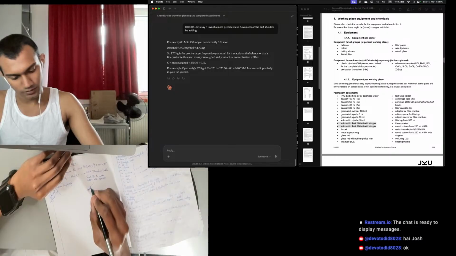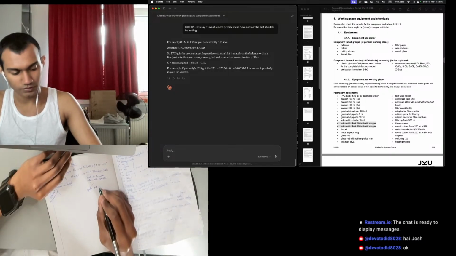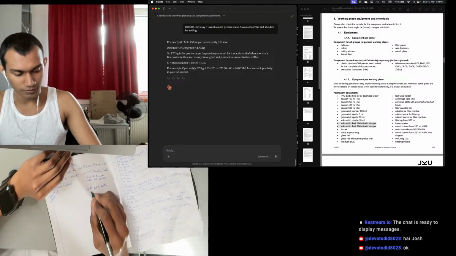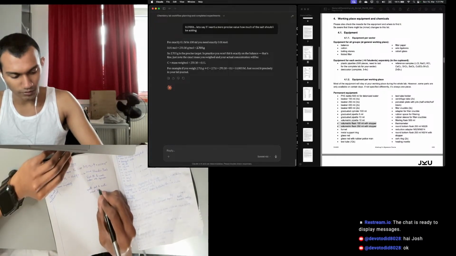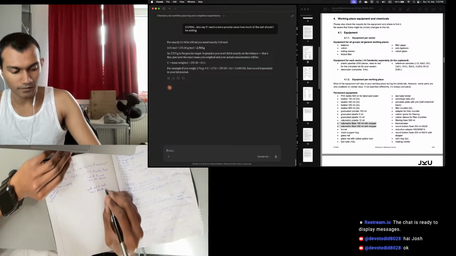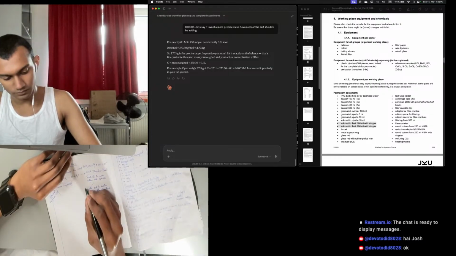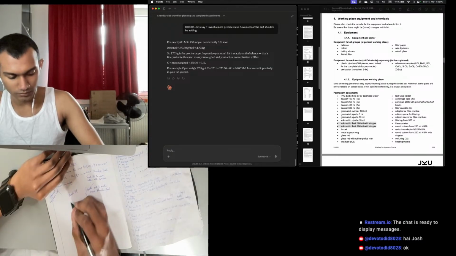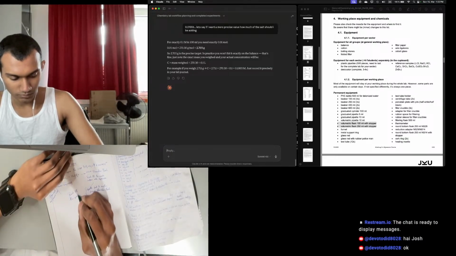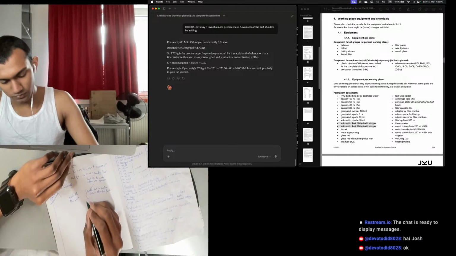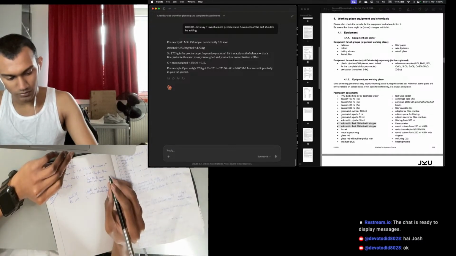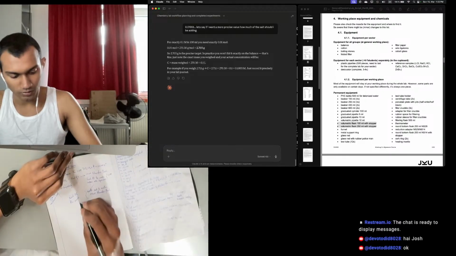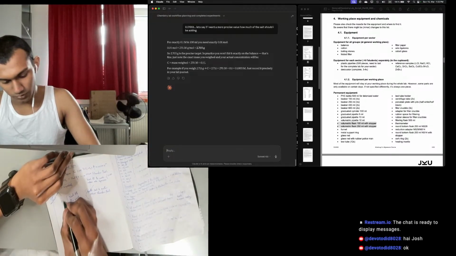Separate 10 milliliters to another 250 milliliter volumetric flask. Reach till the mark. 0.1 mole, 0.004 mole.